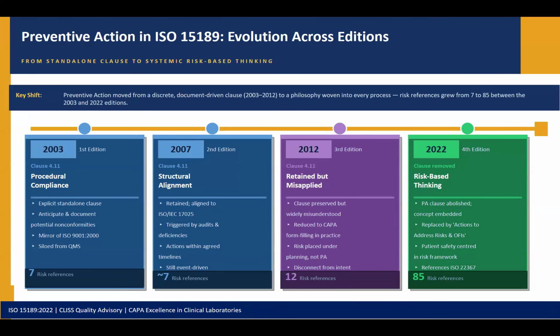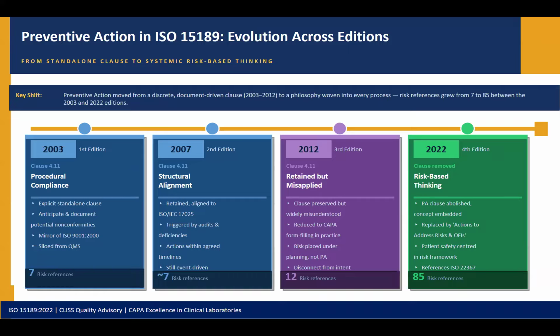So let me take you back a little. For those of you who've not been around long enough, for some of us who've been more than 25 years in the field, we saw the new standard, the standard 15189 introduced in 2003. Then there was a 2007 version, the 2012 version, and the 2022 version. So let's look at how the concept of preventive action has evolved over the years.